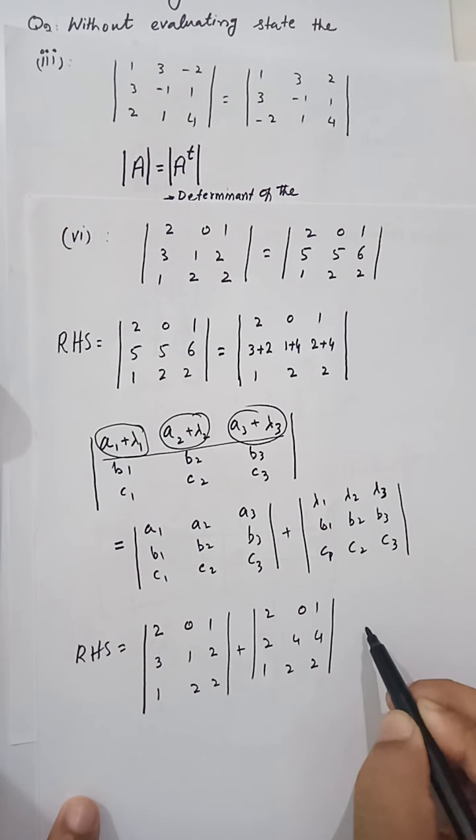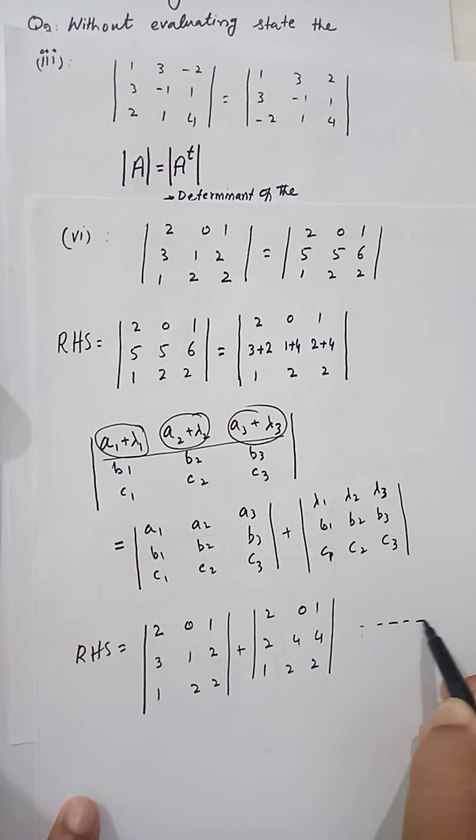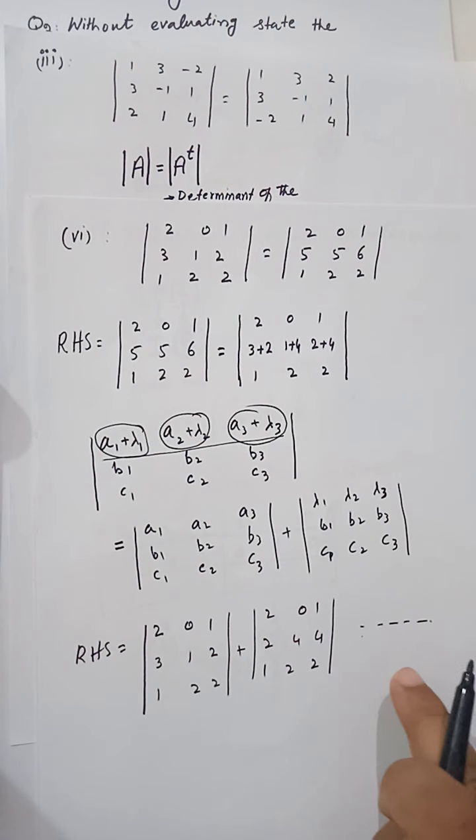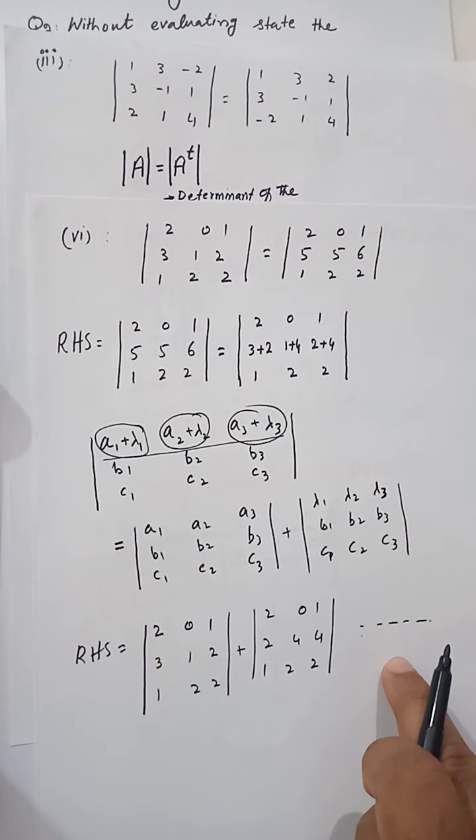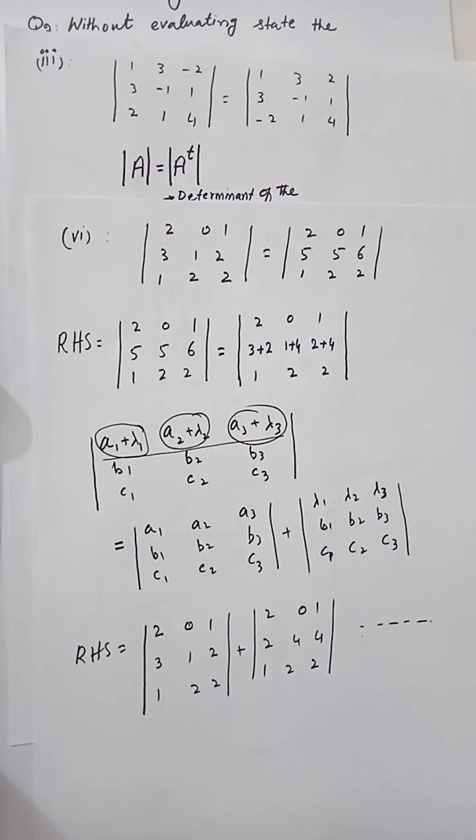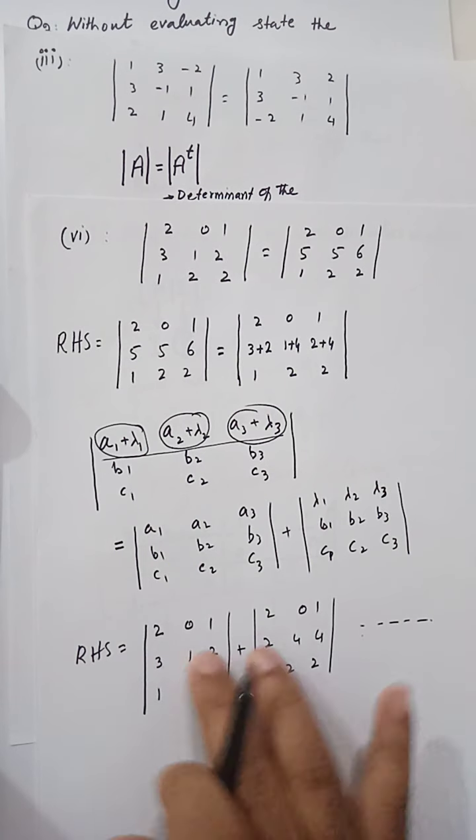You mention here the property that if any row or any column's elements are expressed as the sum of two or more terms, then the determinant can be expressed as the sum of two or more determinants. So this is the reason for that.